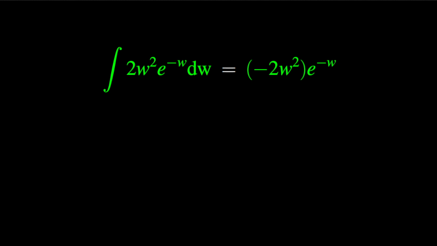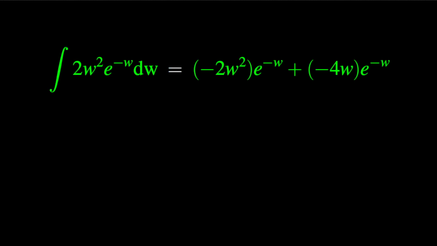minus 2w squared times exponential of minus w, plus minus 4w times exponential of minus w, plus minus 4 times exponential of minus w plus a constant of integration c.